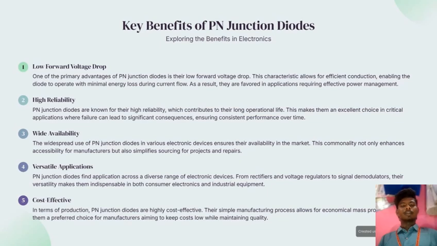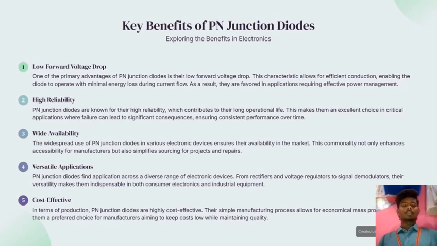The widespread use of PN junction diodes in various electronic devices ensures their availability in the market. This commonality not only enhances accessibility for manufacturers but also simplifies sourcing for projects and repairs. Number 4.